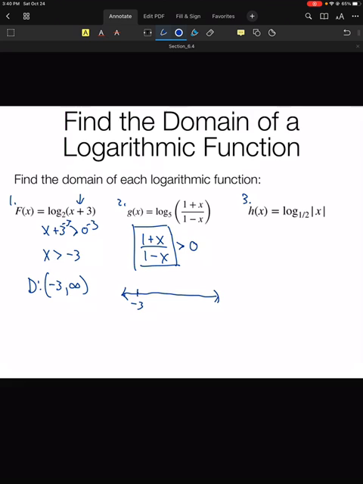If we try -2, that's 1 minus 2, -1 over 3, that's still not. What about -1? If we substitute -1 in there, you get 1 minus 1, which is 0, over 1 plus 1, which is 2.